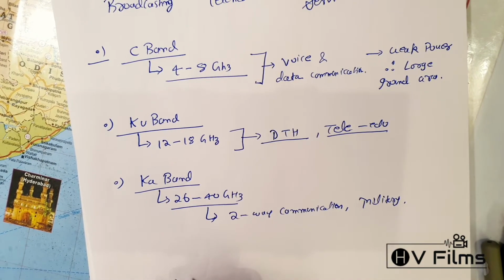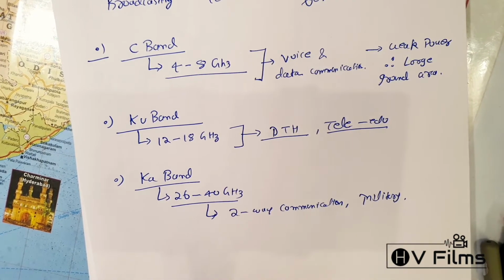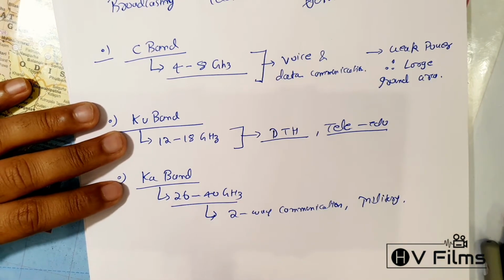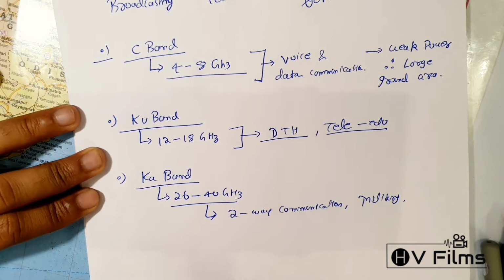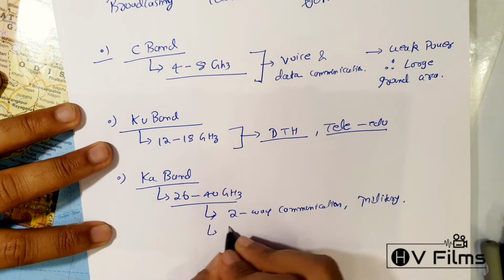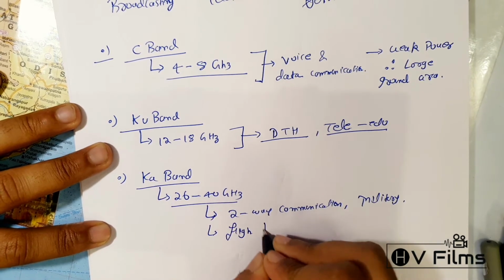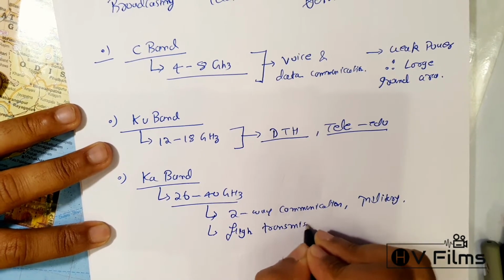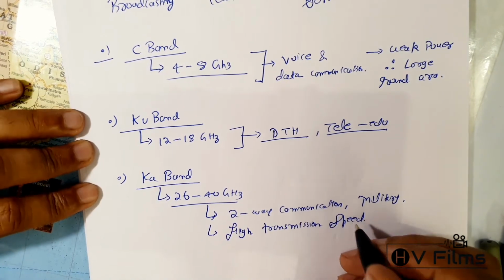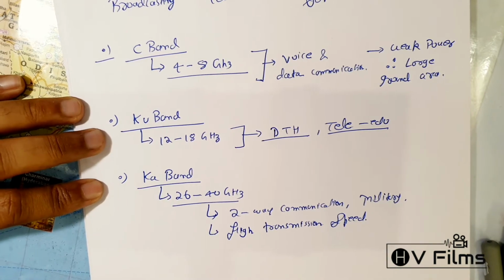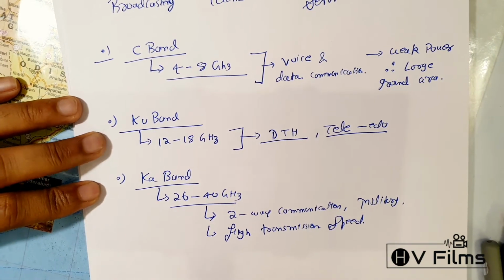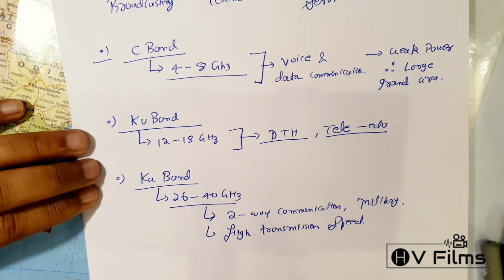Now the Ka band frequency facilitates high transmission speed and significant information transfer with the use of small ground equipment, and thus it is used for broadband. So it has a high transmission speed also, and the antenna size is relatively smaller. So as the frequency goes higher, as the power goes higher, the size of the antenna reduces. So this is important, and you can remember this thing.